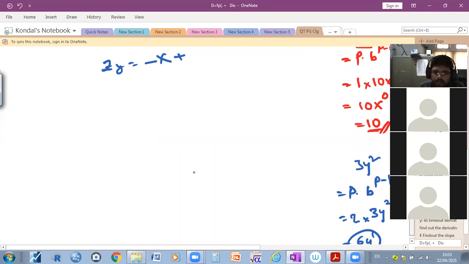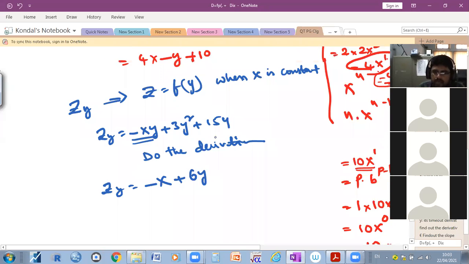Then 15y, how much will come? 15. Only 15. Okay, this answer and this answer is right.